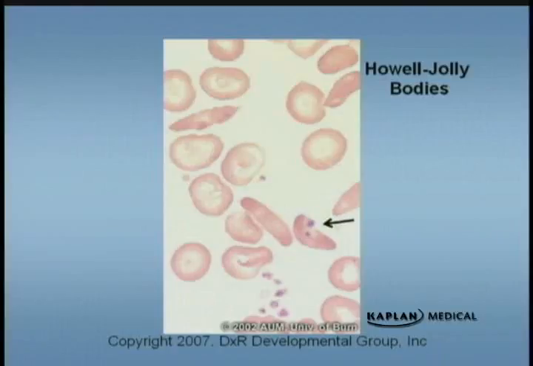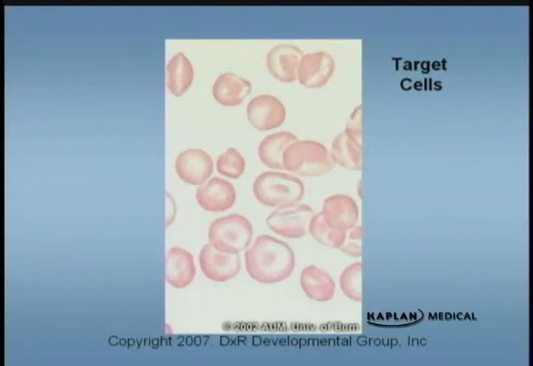However, the real diagnosis is going to be made on hemoglobin electrophoresis, and you need to know that for the exam. Here, the arrow is pointing at some of these Howell-Jolly bodies that you see in the red blood cell. You can also see these target cells. They look like a bullseye right there, and also this one.